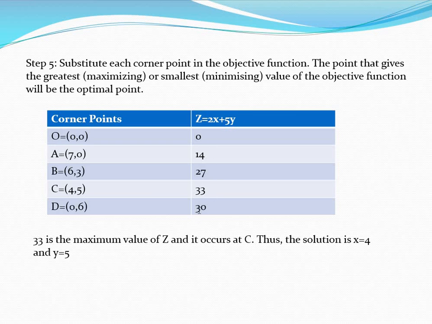Among these numbers, the maximum number is our maximized output. The decision making point is 4, 5, that is x equal to 4 and y equal to 5, where we get the maximum value 33. In this way, we have to solve our linear programming problem by using the graphical method.